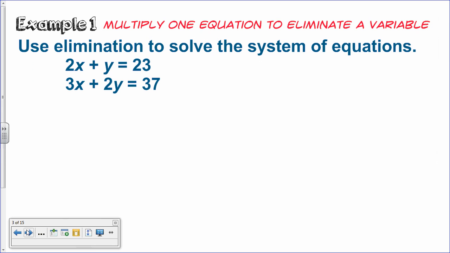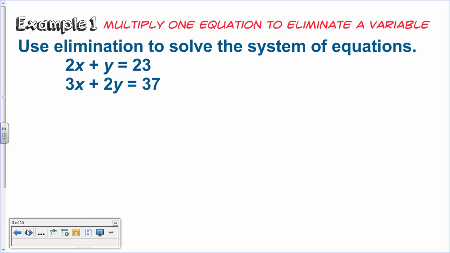Next page. Example 1. Look at these 2 equations. Are the variables lined up? Yeah. Do you have opposites? No. Okay, so I need to modify one of these equations to get what I want. Which one would you modify? I'd probably do the top one.